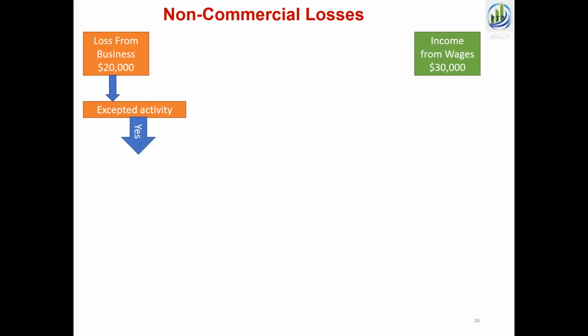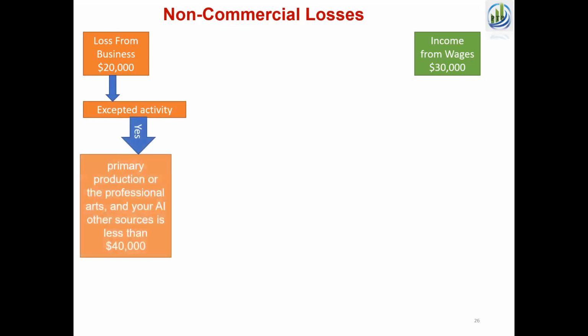If you are running a business in primary production or professional arts. Give me some examples of primary production: farm business, fisheries, or livestock. This all comes under primary production. Professional arts, that is arts.